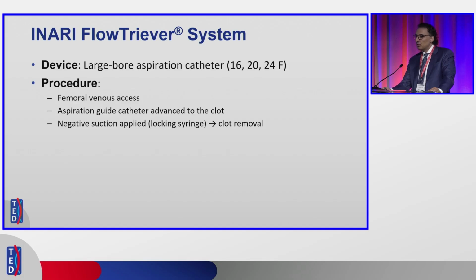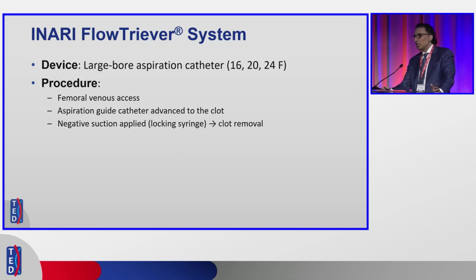Inari is probably the one they have the most data for. It's the one that I most commonly use. It comes in 16, 20, and 24 French systems. Basically, you get femoral venous access. I pre-close the venotomy with two Perclose devices.